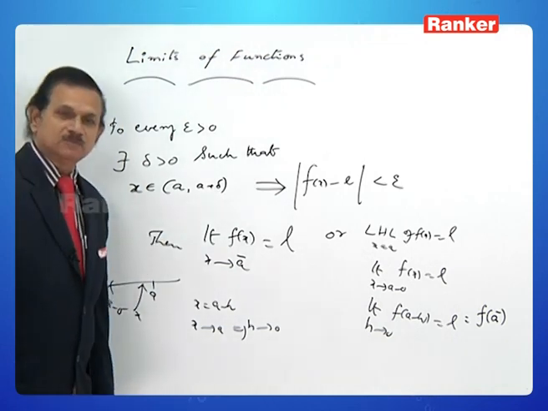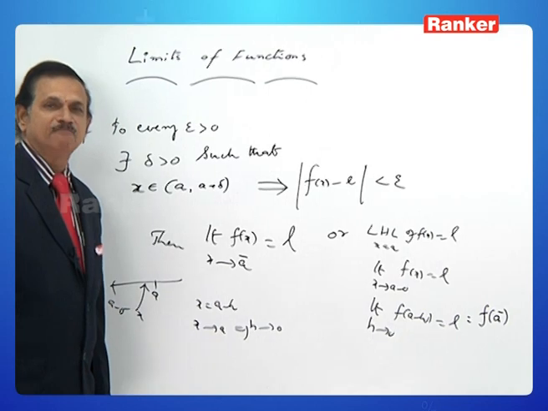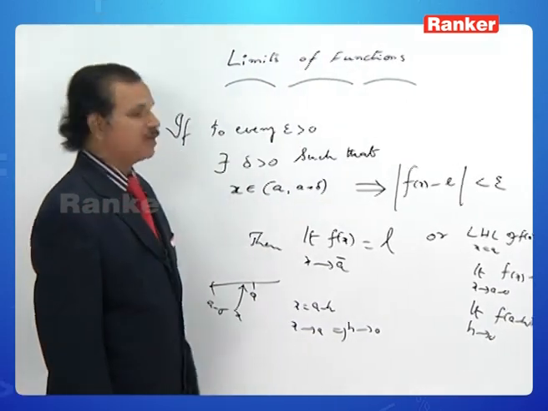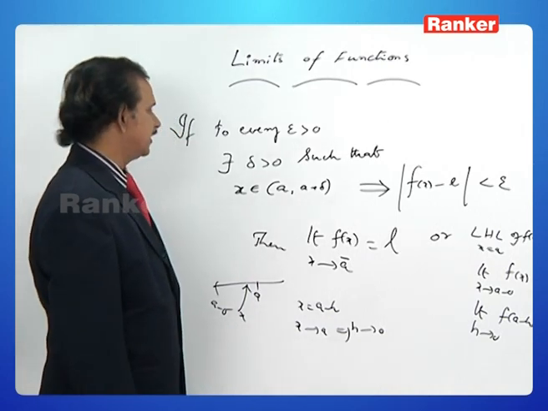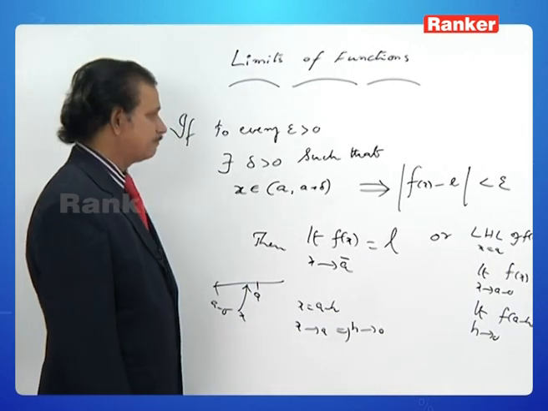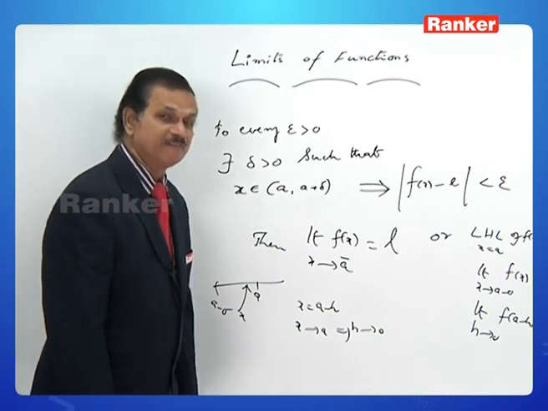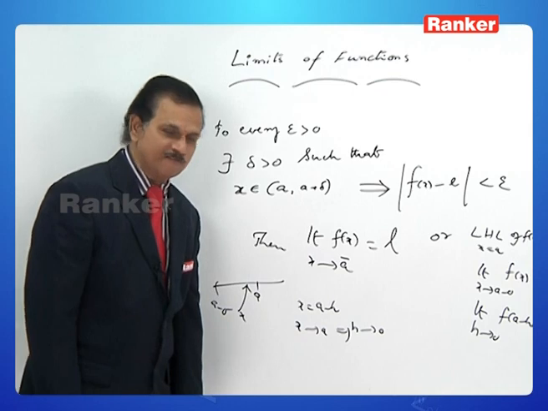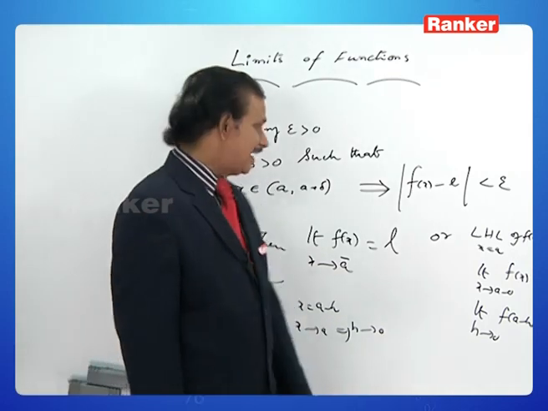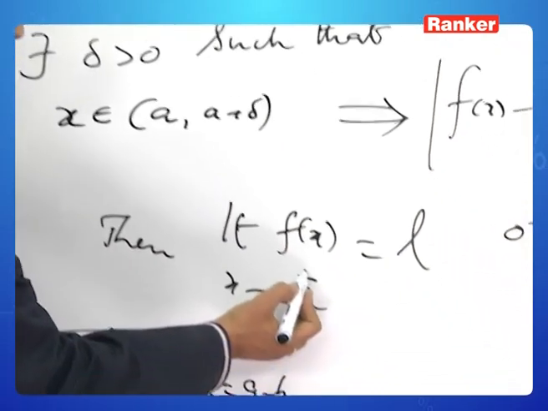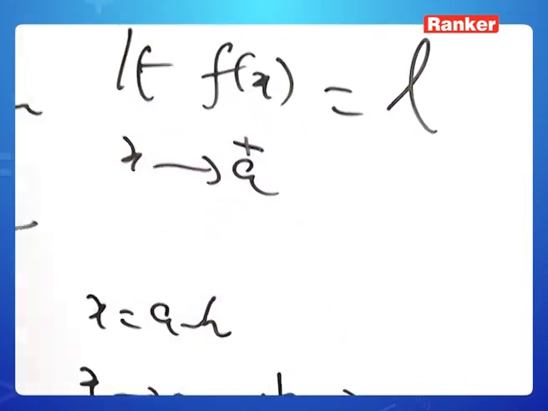Please notice what kinds of changes I have made here in this lengthier sentence. If for every epsilon greater than 0, there exists delta greater than 0 such that x belongs to the open interval a to a plus delta, that is the right neighborhood of a, implies mod f of x minus L is less than epsilon, then we say that the limit of f of x as x tends to a from right.